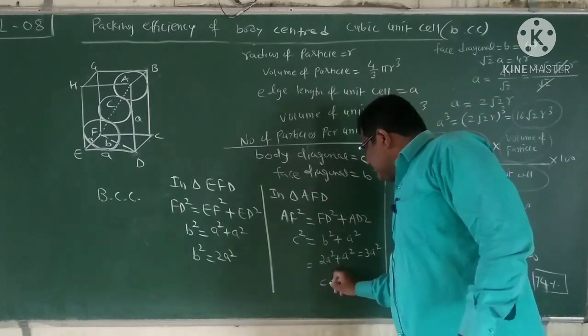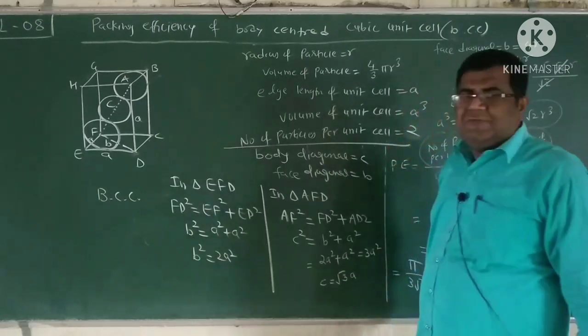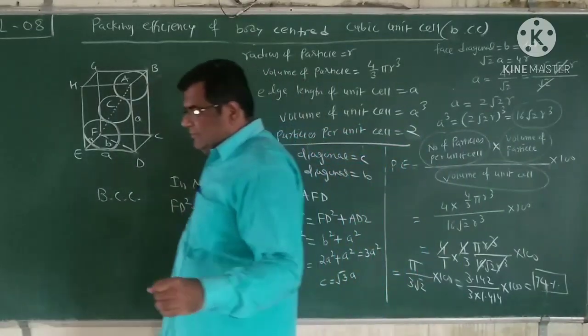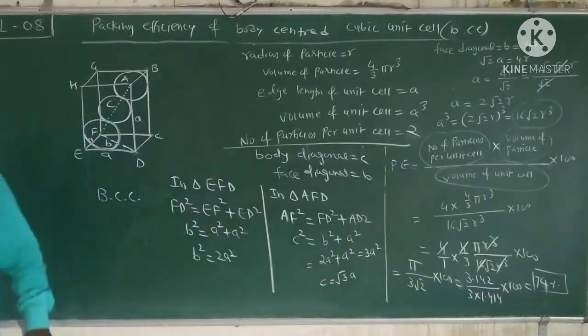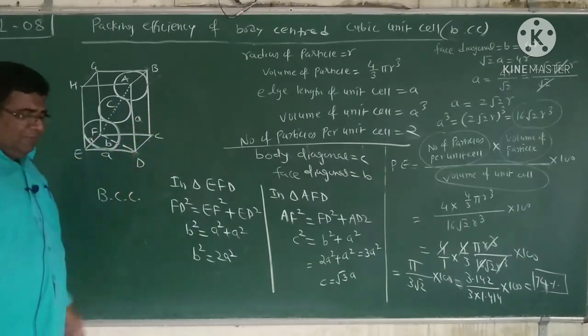That's why C is equal to root 3 A. This is the value of C we are getting, which is nothing but the body diagonal. Body diagonal is equal to root 3 A and face diagonal is equal to root 2 A. We have calculated that in the last derivation.